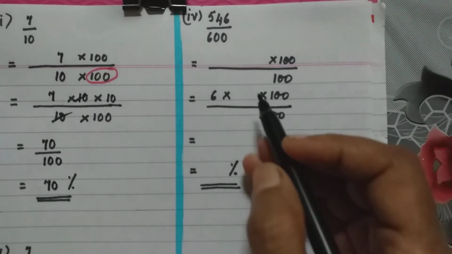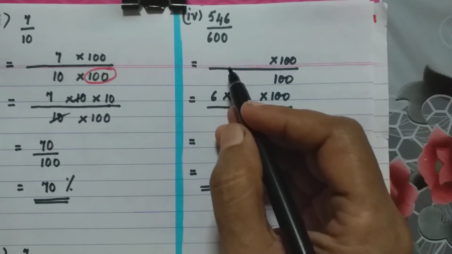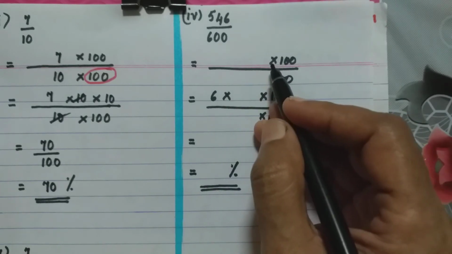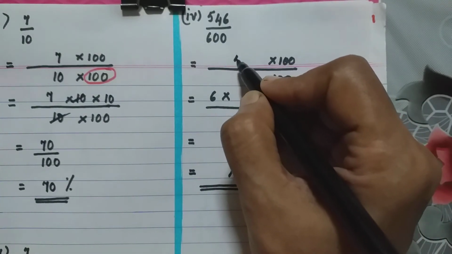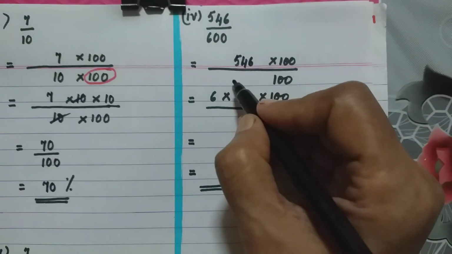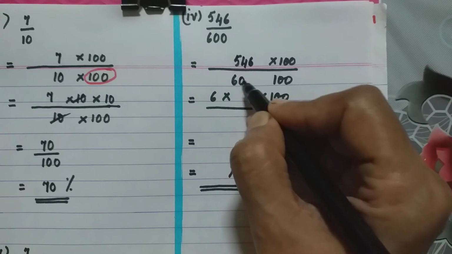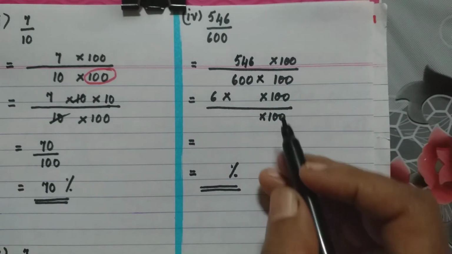The fourth sub question, 546 upon 600. So again, already it is in the form of a fraction. So we multiply and divide by 100. So we write here 546 upon 600 into 100 upon 100.